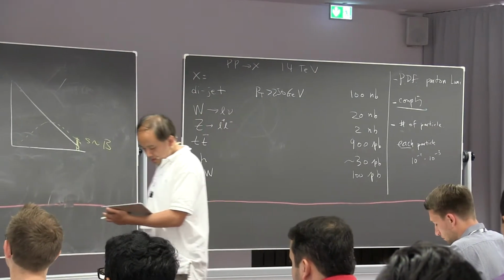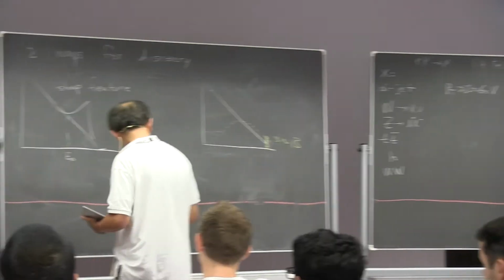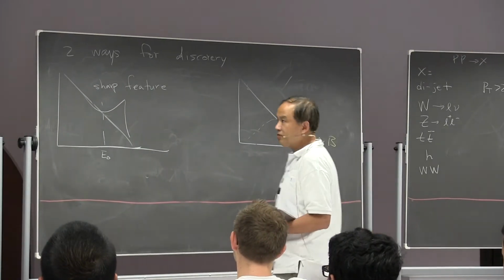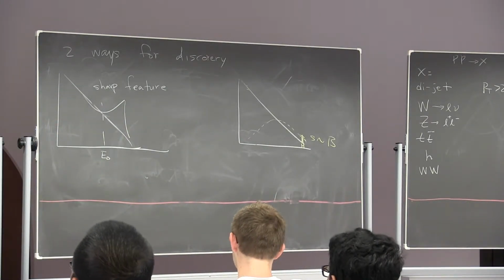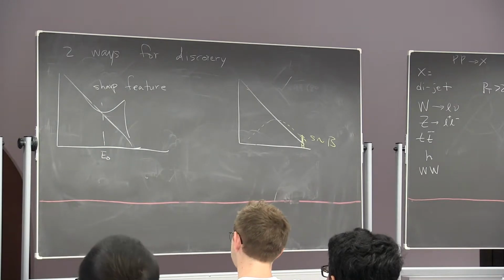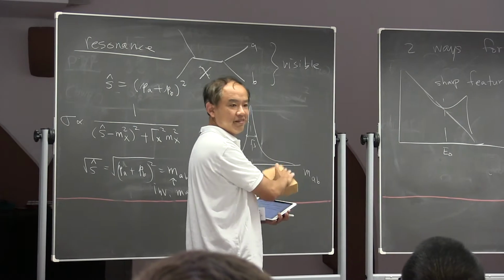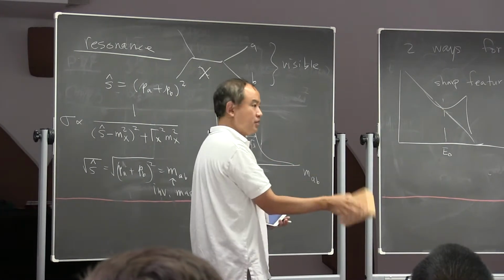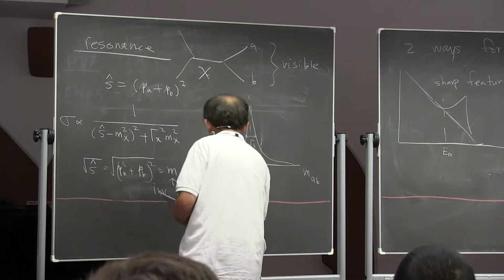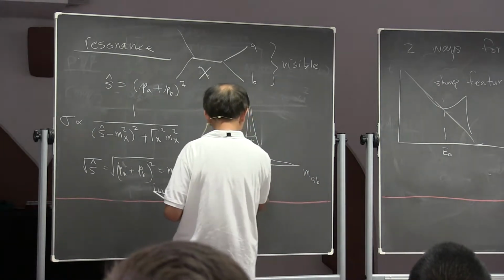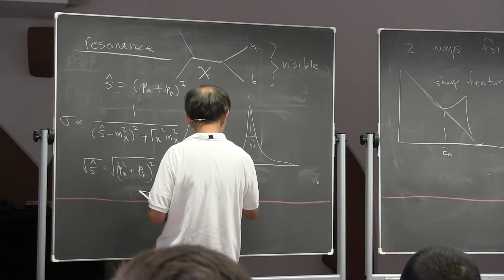Now the next thing we can talk about is what if you don't see one of the particles? Again, a typical example of this in the standard model is the Z. Z decays to two leptons, but also the Higgs. Higgs decays to two photons. So what are the examples? Z goes to l plus l minus, that's an example.